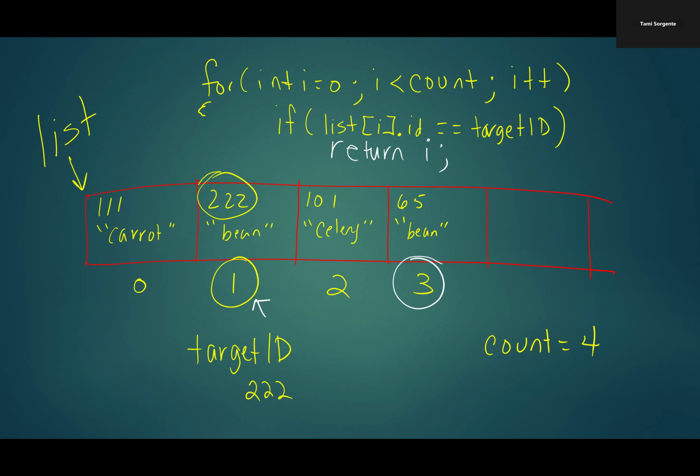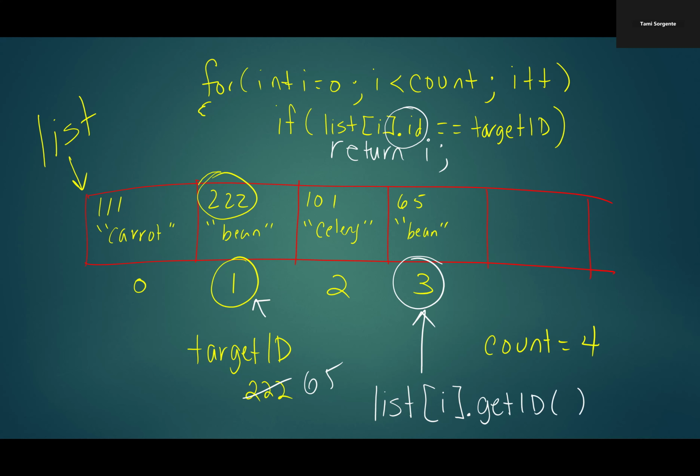So it's going to search through each one, compare, list at index I. Now, the thing is, this isn't going to work because it's not a friend function. So we can't use .id here. We have to use list at index I dot, we're going to have to call the accessor function, right? So if our accessor function is get ID.